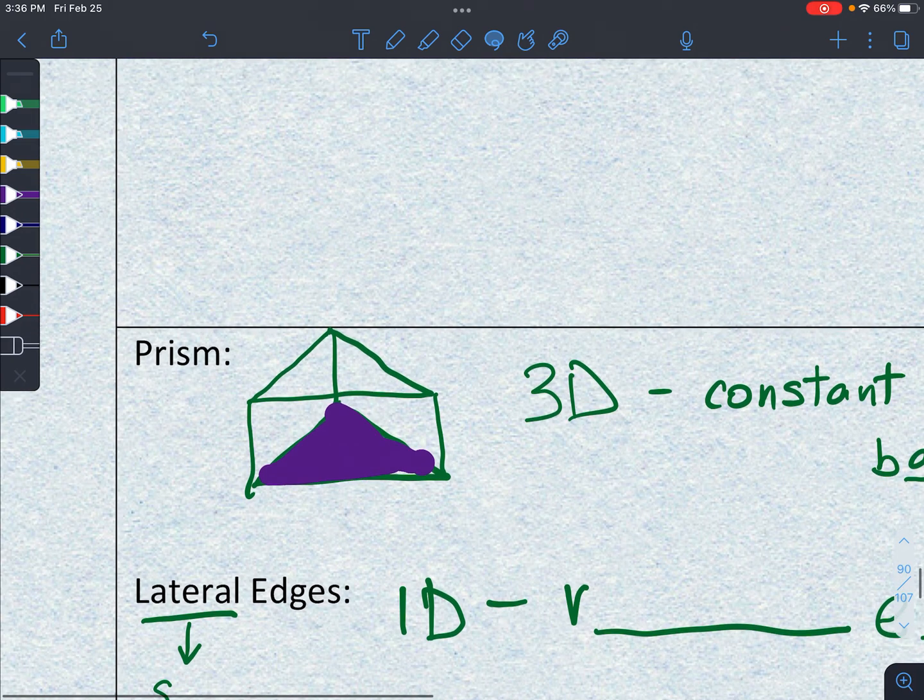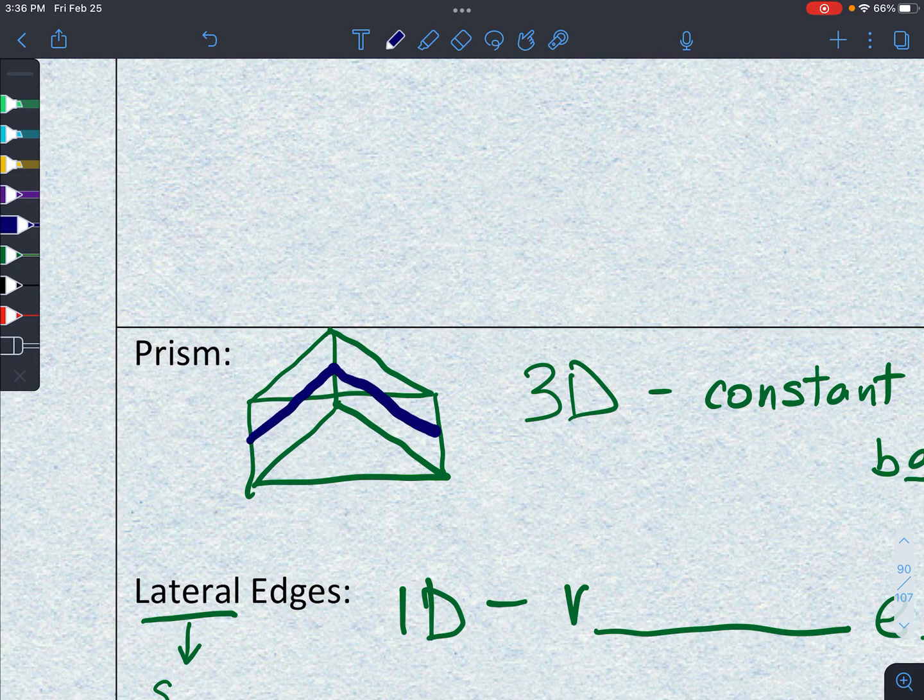And this is kind of a prism, again, because there's one constant shape. Be careful. One last thing about prisms. When I do what we would call a cross section, and you'll talk about this more in the future possibly in calculus, if I take a knife and cut it sideways, that's the shape I would get. Now, if I were to cut it vertically, up and down, I would end up with this kind of shape.